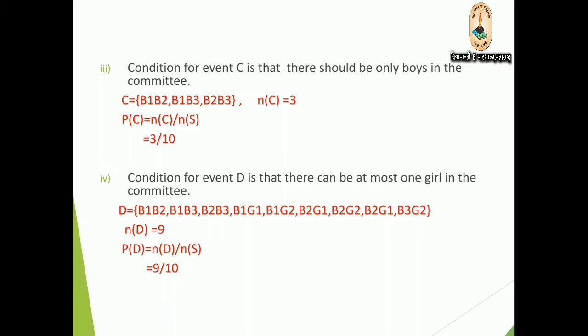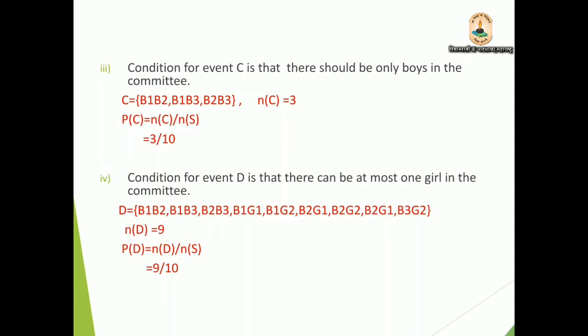Here there are 3 sample points and therefore n of C equal to 3. Hence probability of C equals to n of C upon n of S. Therefore probability of C equals to 3 upon 10.